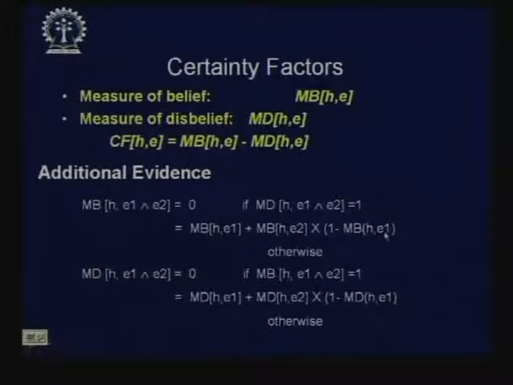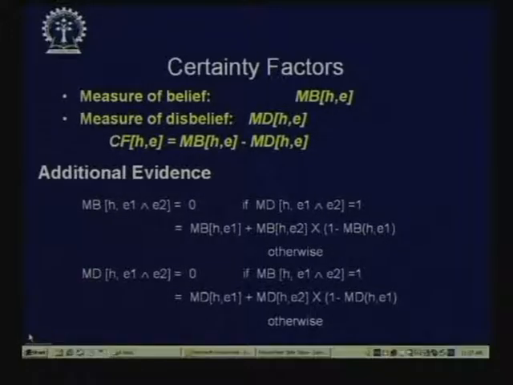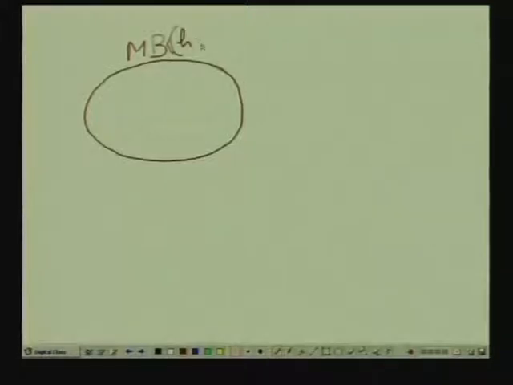Let us try to understand this in a different way. Think of a space. This is my measure of belief in H given E1, all right, and independently let me select another color.